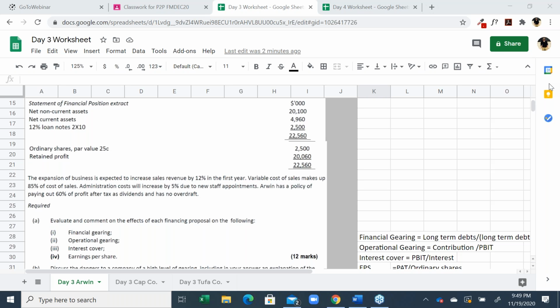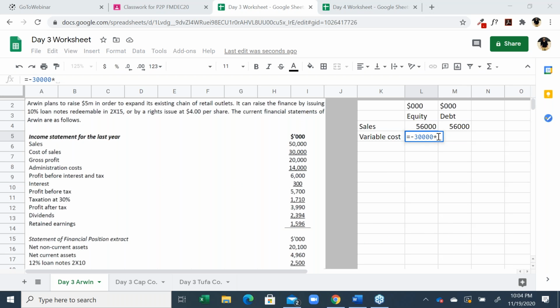Okay, now let's calculate variable cost first. The total cost of sale is 30,000, and how much of this 30,000 is variable cost? Is it 85%?